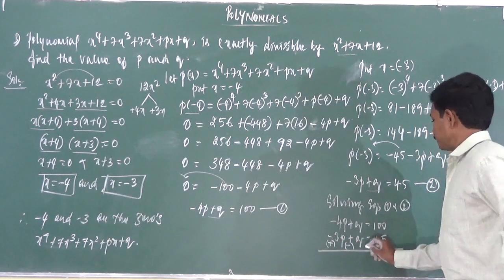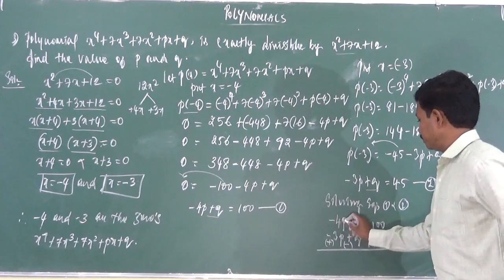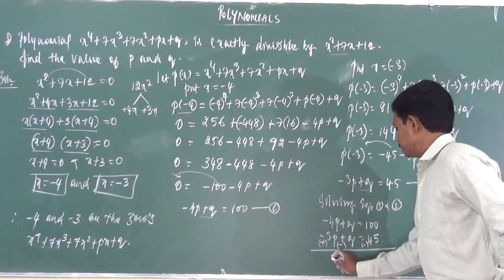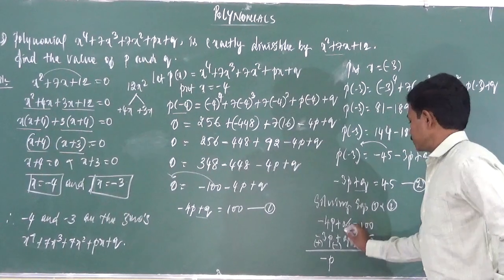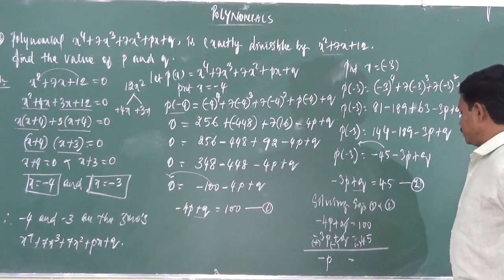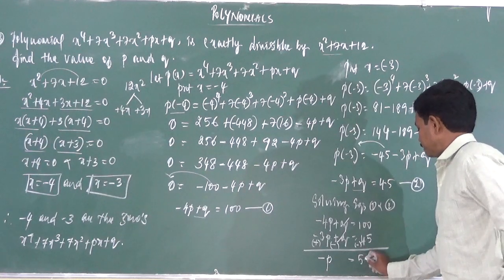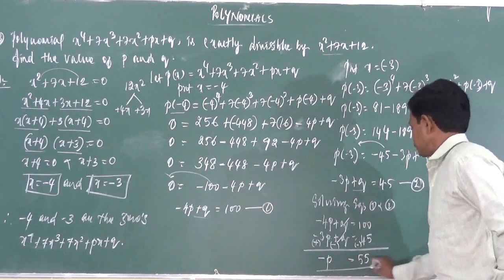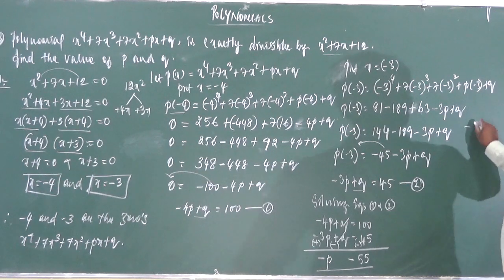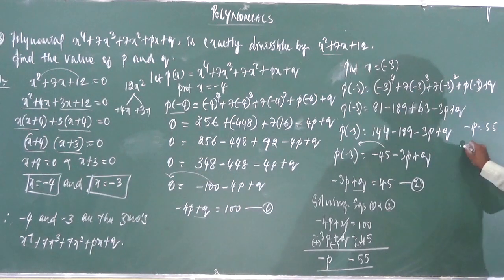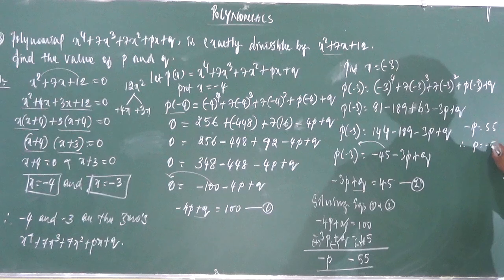So minus 4p plus 3p is minus p, plus q and minus q cancel, is equal to 100 minus 45, which is 55. So minus p is equal to 55. Therefore p is equal to minus 55.